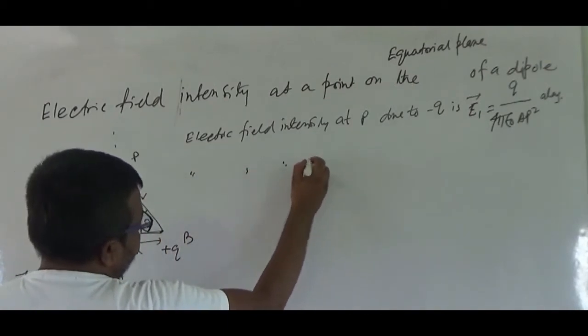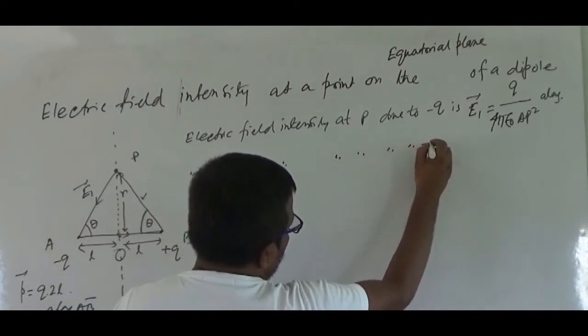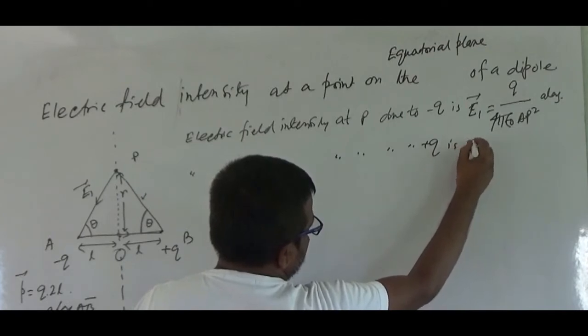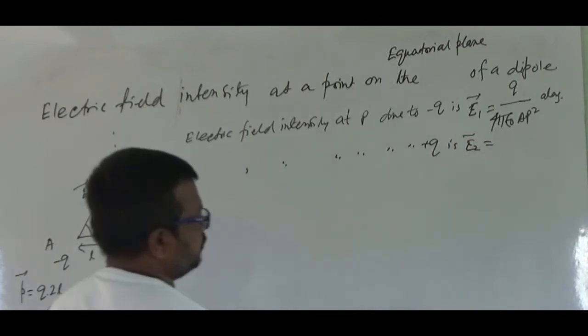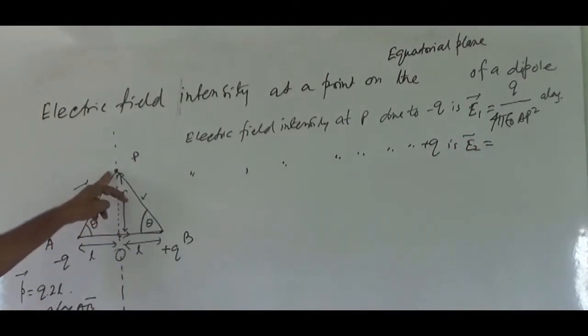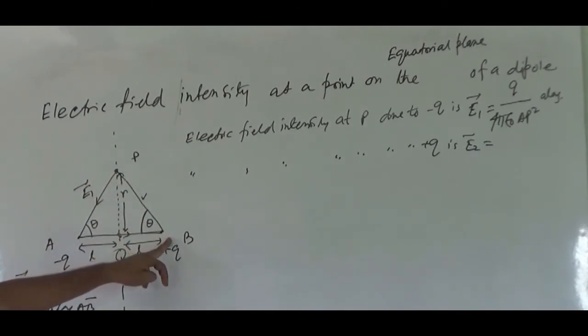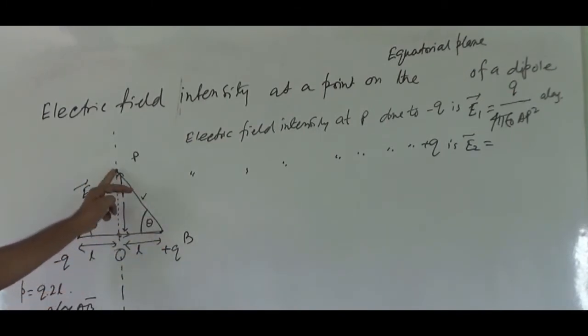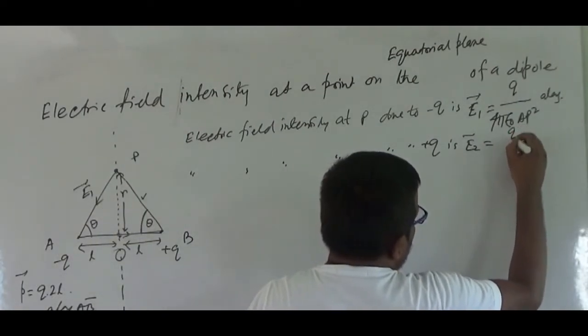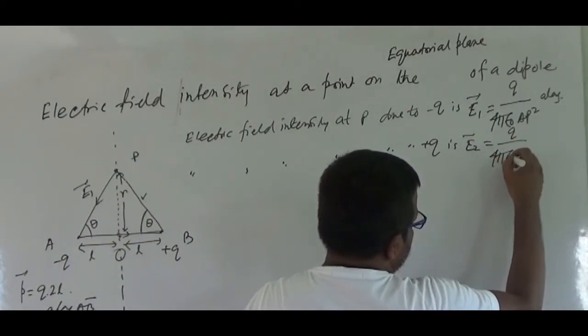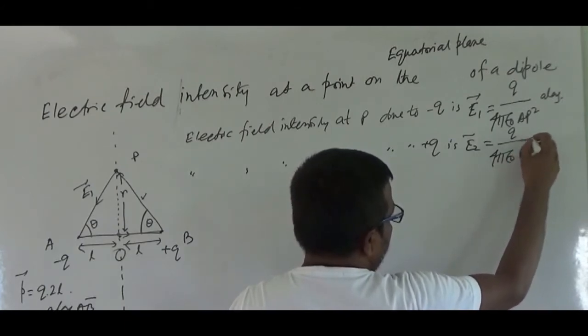And the electric field intensity at P due to plus Q is the E2 vector, equal to Q divided by 4 pi epsilon naught BP square.